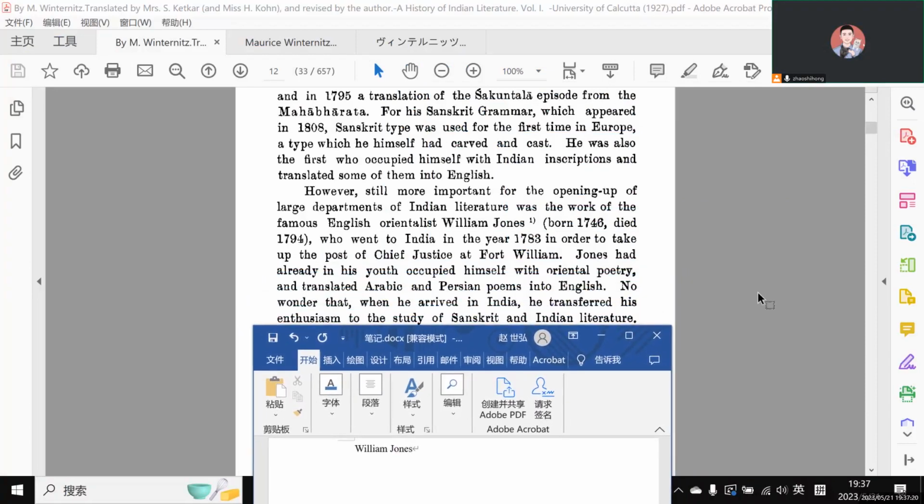I don't know if any of you can tell me what William Jones did and what his main contribution to the research of Indology was. Can anybody tell me? Or if you don't understand the question, I'll say it in Chinese. 有没有同学知道这个威廉琼斯他对于印度学的最大的贡献是什么？The Asiatic Society, that's one of his main contributions. Yeah, that's correct.